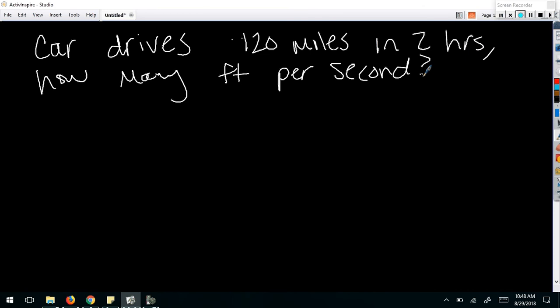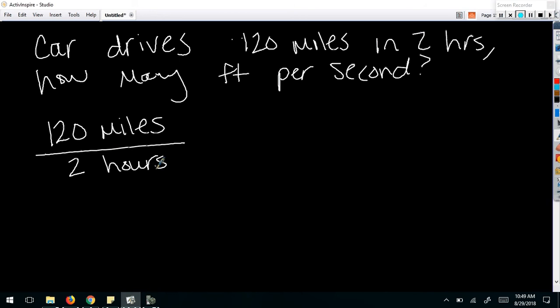All right, so 120 miles in 2 hours is 120 miles per 2 hours, right? So we're going to start with 120 miles, how many feet per second, over 2 hours. Now, I need the miles to go away. What do I want it to be instead?